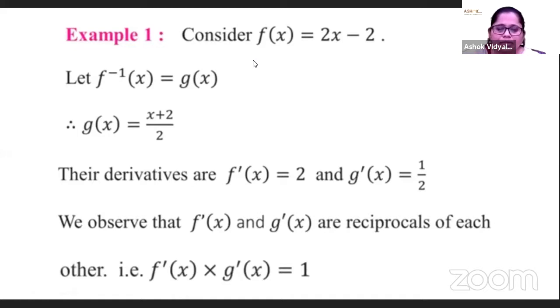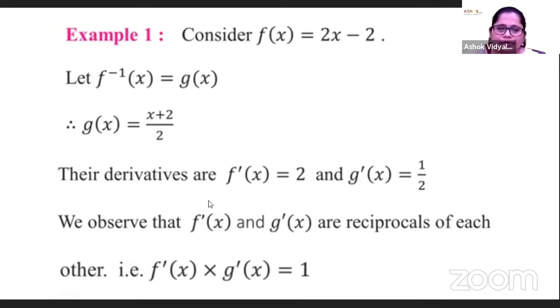Consider f of x is equal to 2x minus 2. Let f inverse of x be equal to g of x. Our given function f of x is 2x minus 2, and the inverse of this function, f inverse, is g of x, and g of x is (x plus 2) by 2.